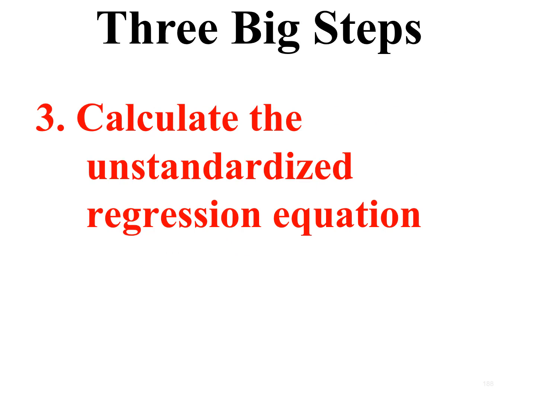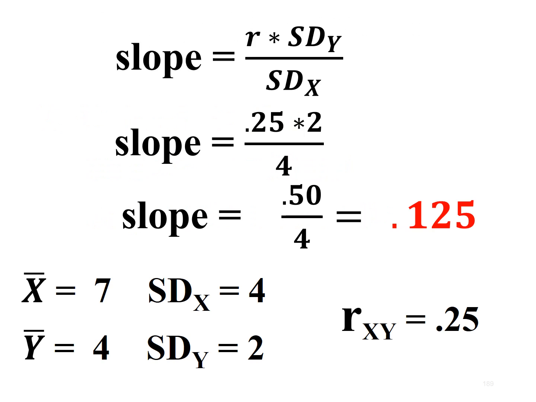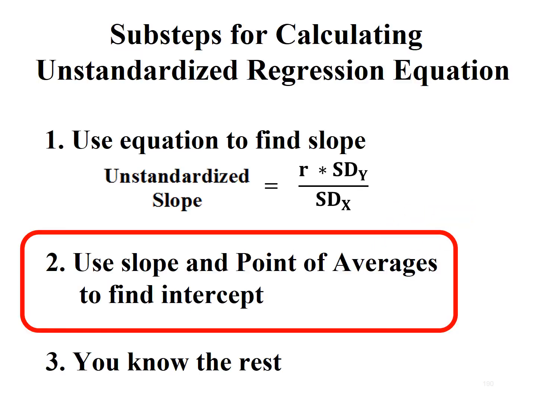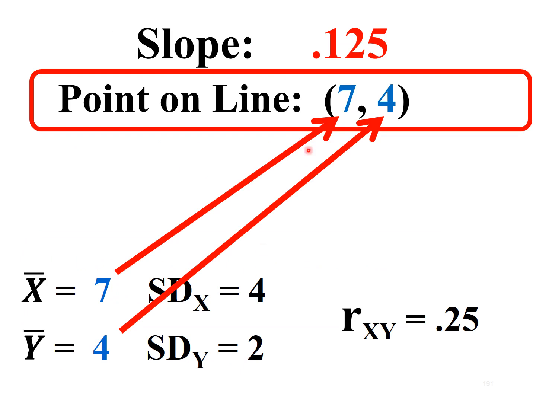From there, we calculate the unstandardized regression equation. So we need to find the slope. We use our formula. We plug in our statistics. We solve for the slope, and then from here we solve for the intercept. To solve for the intercept, we need the slope and the point of averages. We already calculated that.